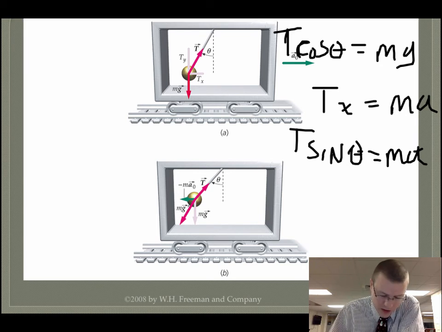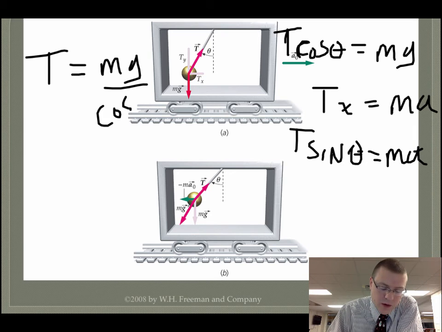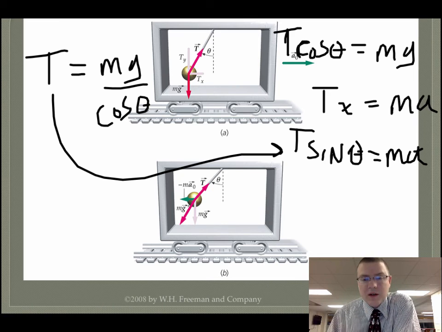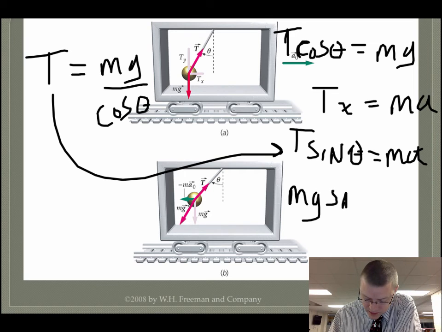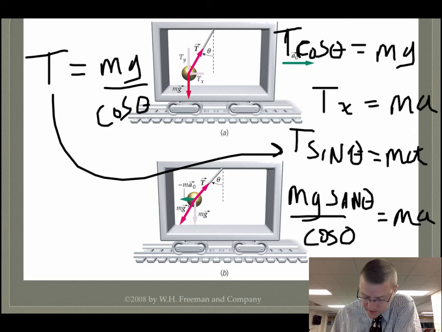What we could do is take T to be mg over cosine of theta, and throwing that in for my x forces, I get mg sine of theta over cosine of theta equals ma.